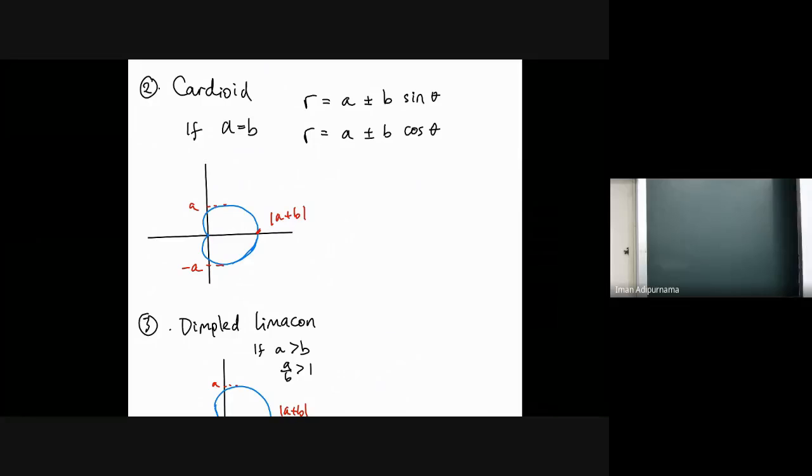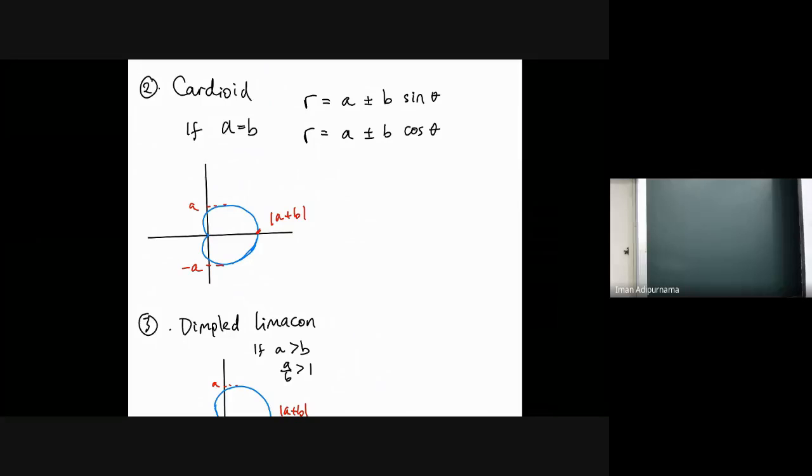Either it's dimpled with an inner loop or becomes the cardioid, it's still a limason. How to draw? If you have 3 plus 3 sine theta, the A and B are the same, so it should be the cardioid.